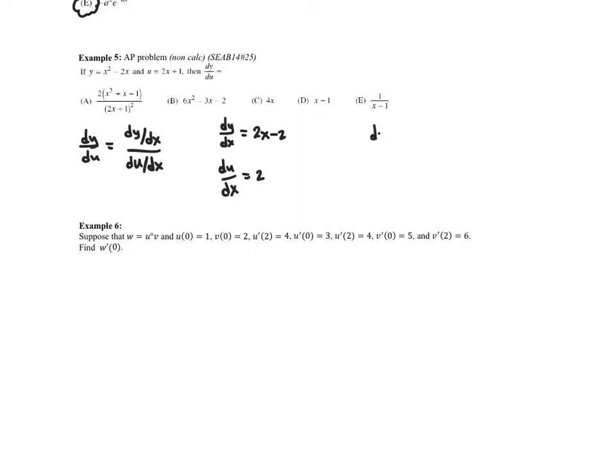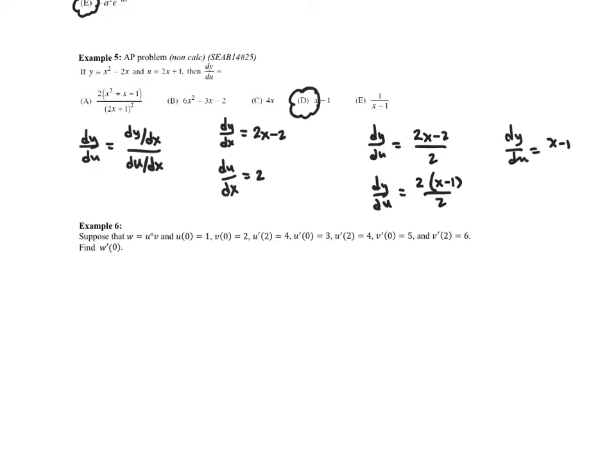So dy du will equal dy dx, which is 2x minus 2, over du dx, which is 2. So dy du, if I factor out a 2, looks like it will be x minus 1. All right, looks like our answer here is D.